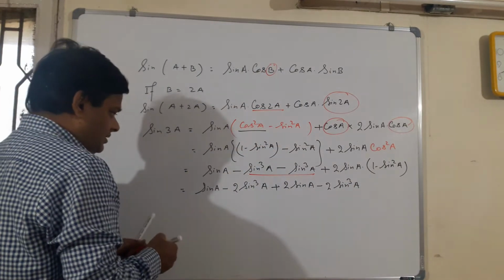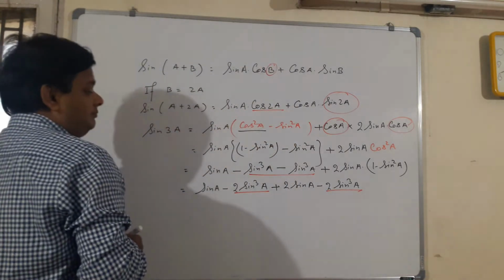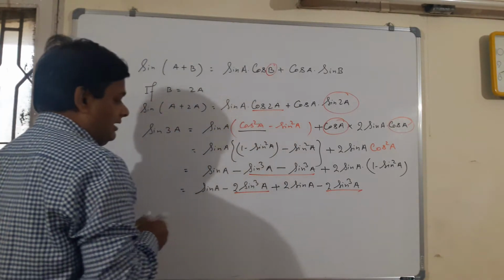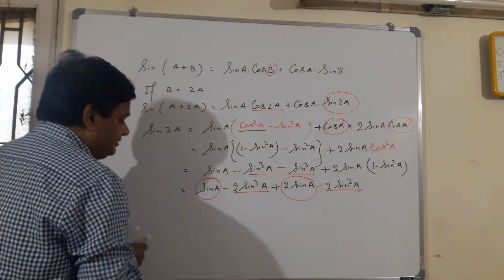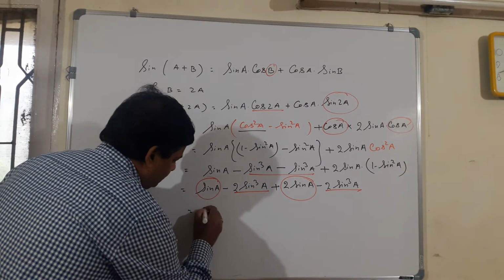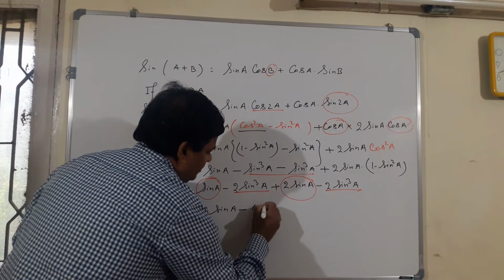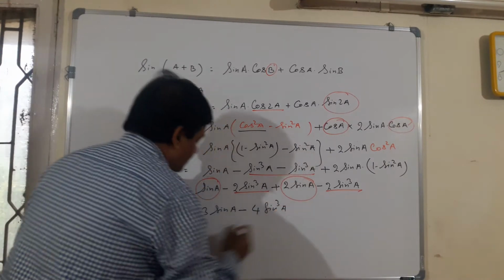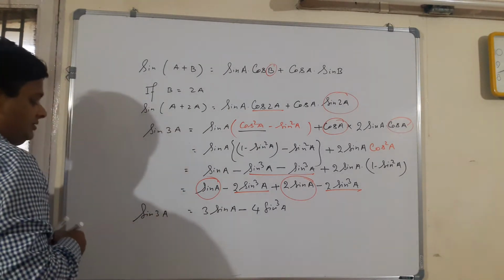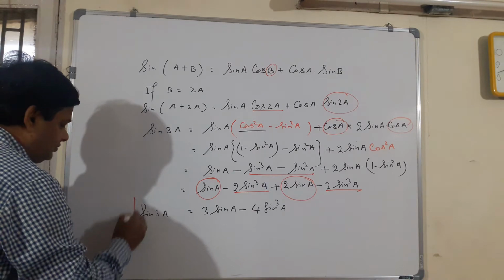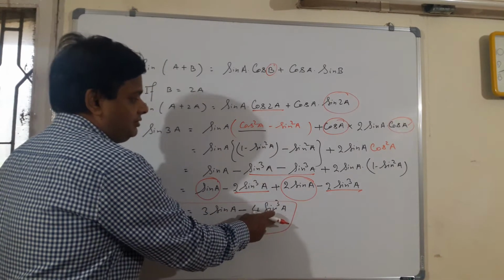Now minus 2 sin cube a and minus 2 sin cube a become minus 4 sin cube a, and sin a plus 2 sin a becomes 3 sin a. So this is the formula of sin 3a: sin 3a is equal to 3 sin a minus 4 sin cube a.